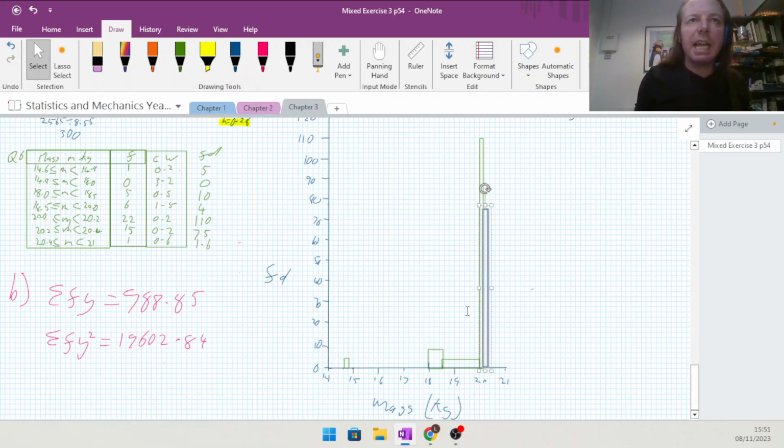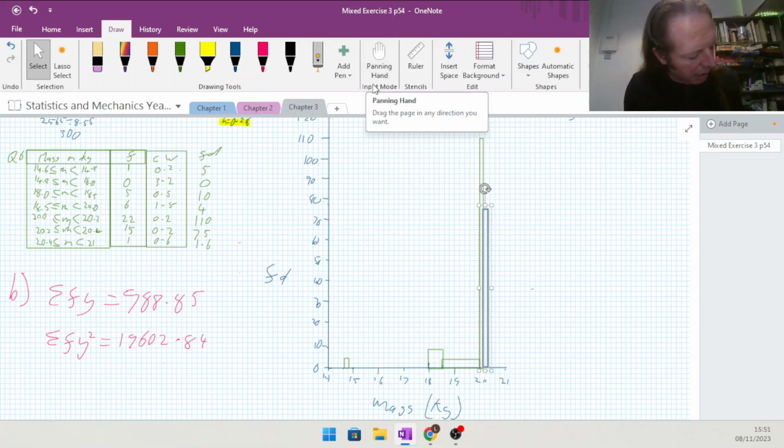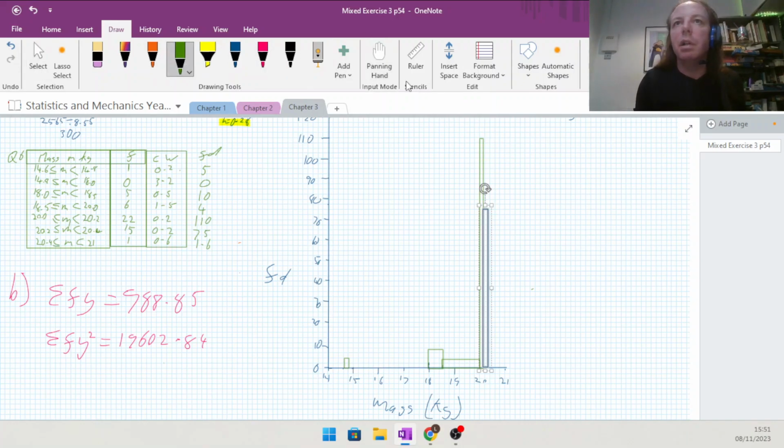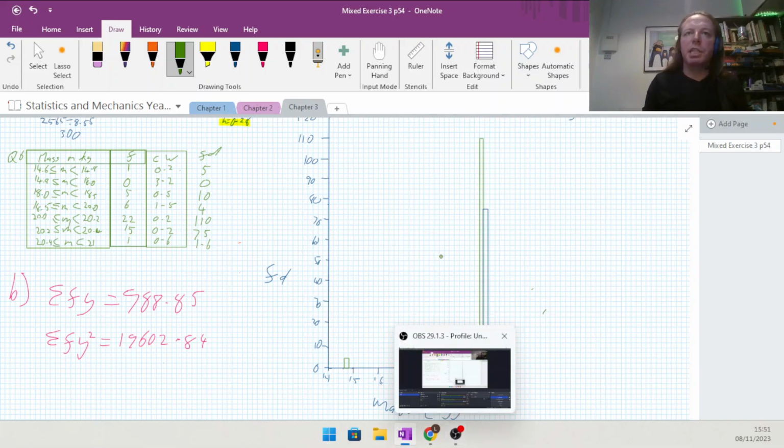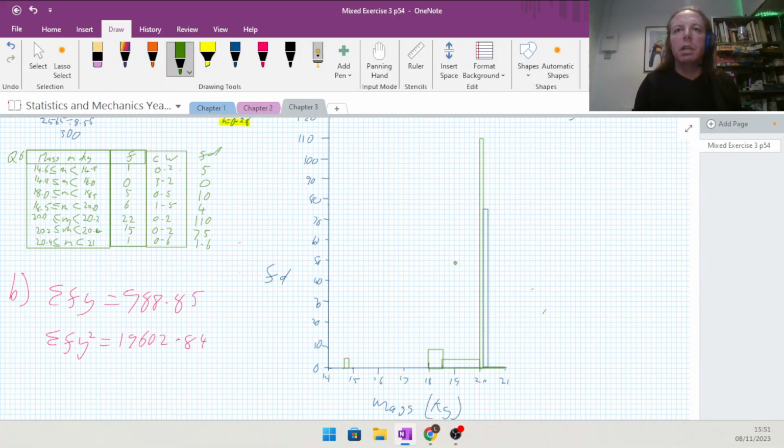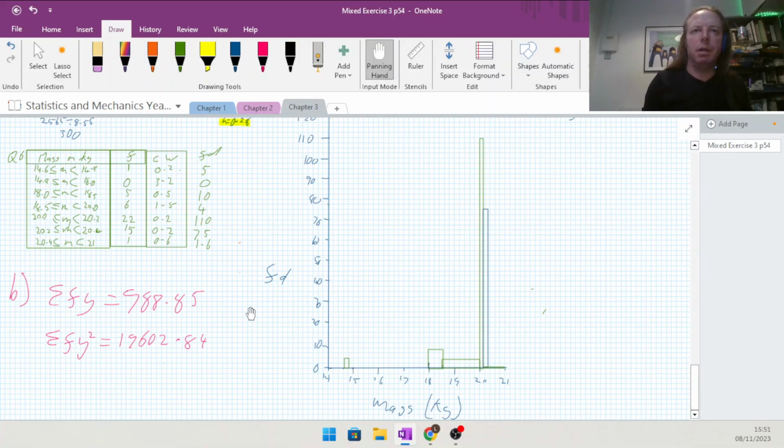And then lastly, going out to 21, it only goes up 1.7, so it barely even registers as a mark on the graph, but we can put something in for it anyway. It's barely there on this scale that I have drawn. So there is a very odd looking histogram, but anyway.